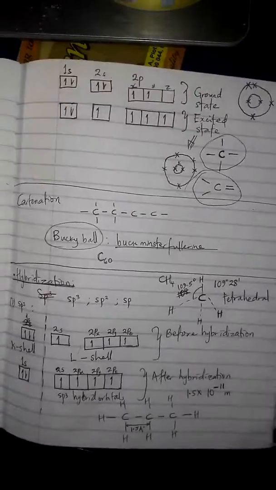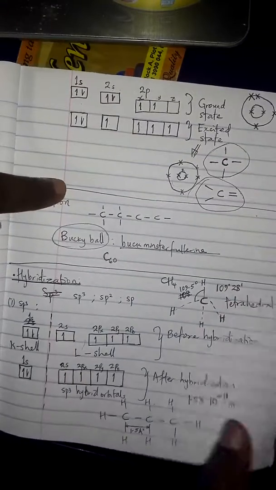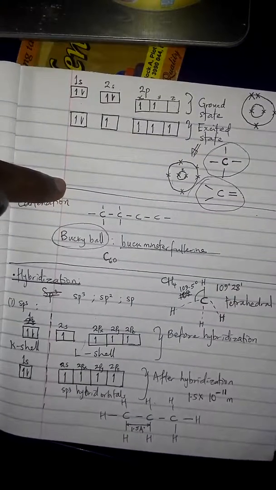So the next on our list is sp2 hybridization. All right, so basically you know what the orbital diagram is going to look like when the electrons are in their excited states. That's why we started there. It's the same thing for all of them before hybridization.